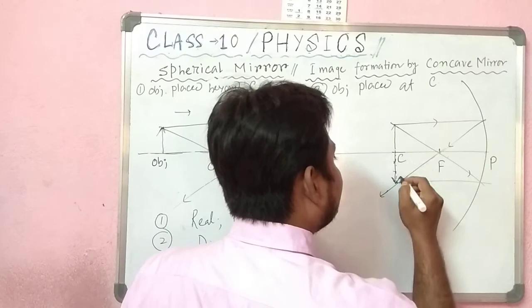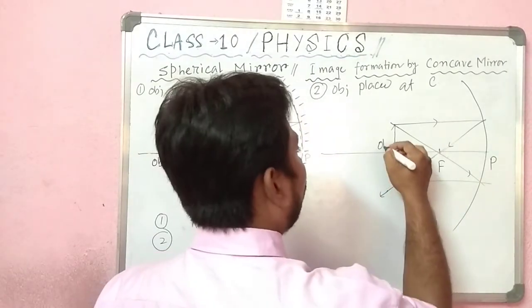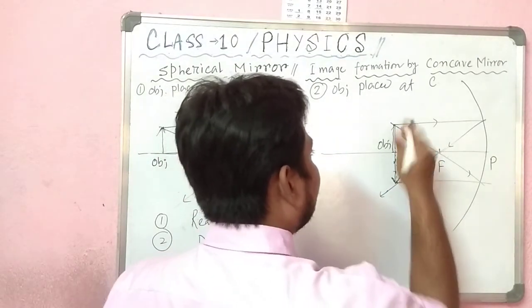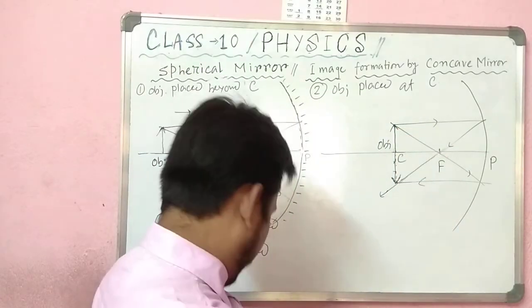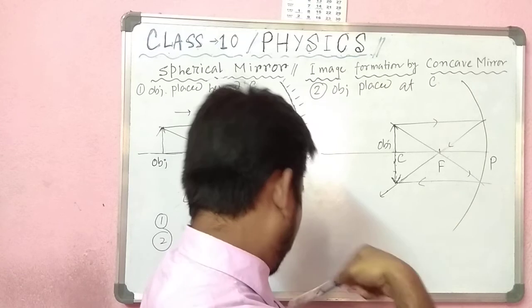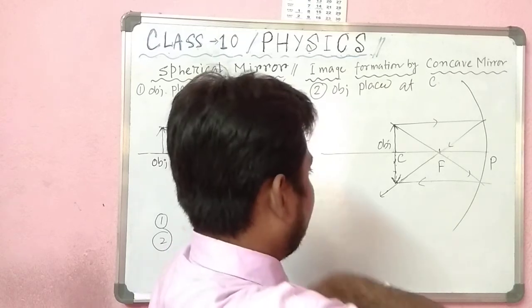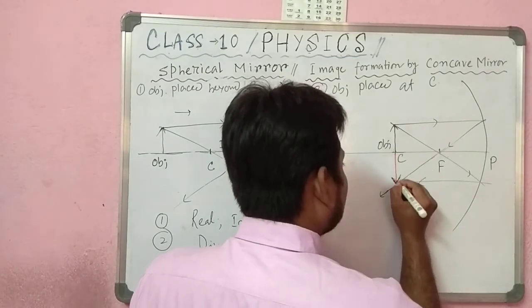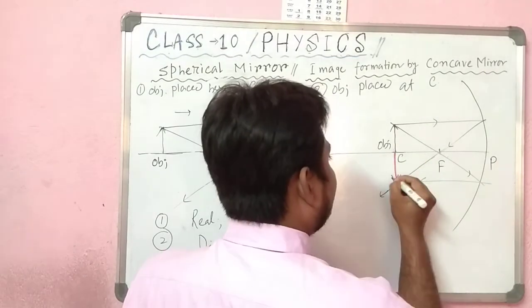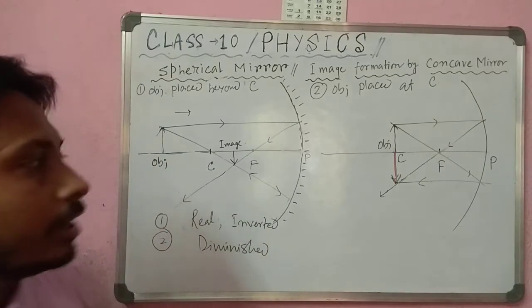Because student, this is an inverted image. So this is your object, and this is your image. I can make the image with red color. Can you see the red color image? Okay. So this is your image.